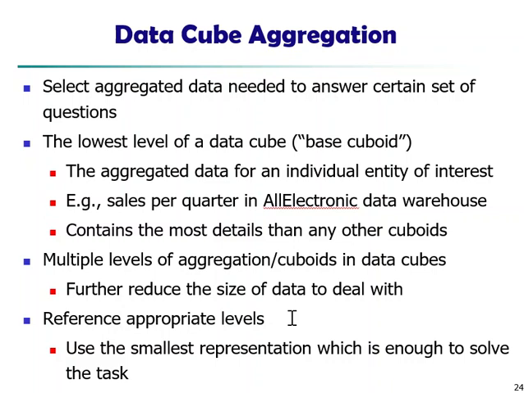The purpose of creating a data cube is to answer complex queries for decision making. We create different aggregation levels of the same data set so that to answer certain queries, you retrieve the data cuboid at that level and use the data at that level to answer the query.